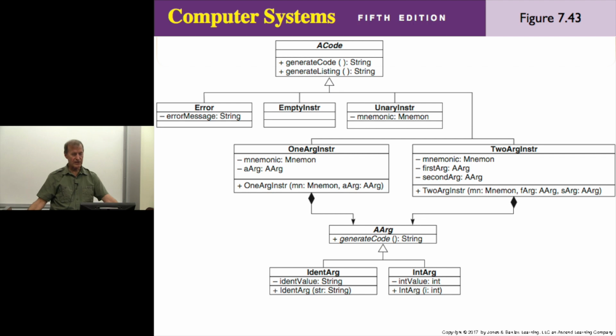And then the instructions that have arguments, or in PEP9 assembly language, instead of arguments, they are operand specifiers. Or you could call them arguments, but anyway. And here in figure 7.43, you see we have an ident arg and an int arg.